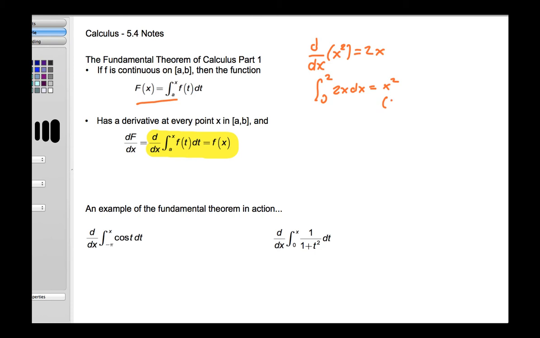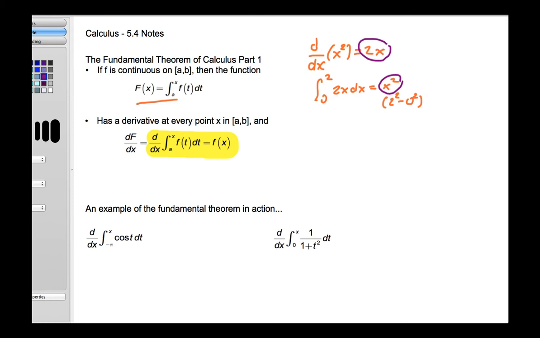So I'm going to look at 2 squared minus 0 squared. Okay, but look at what the derivative and the integral did. They undo each other, or they work well with each other. They're not quite inverses of each other, but the derivative creates something that we can take the integral of to get back to the original function, and that's basically what we're saying with the fundamental theorem of calculus.